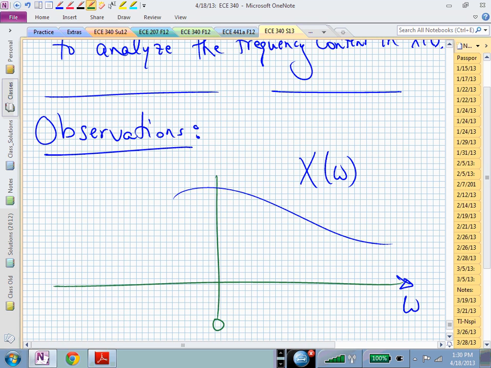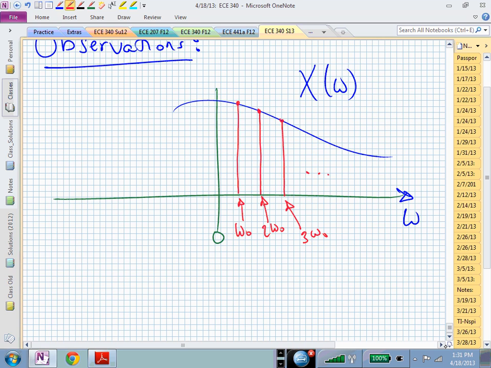And now what we want to do is say, well, I can't look at everything. Let me just break this up. Let me look at particular frequencies. Maybe I'll call this omega naught. Then this one is 2 omega naught, etc. Here's 3 omega naught, and we just keep going with that process.